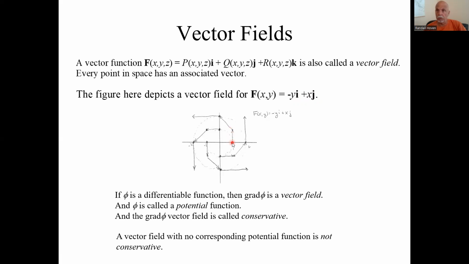That's the vector associated with this point. At that point, I have x is 1, y is 1. So I'll be going up 1 in j, to the left 1 in the x direction, and the magnitude will be the square root of 2. I get this vector. And up here where x equals 0, y equals 2, I get minus 2 in the left direction.